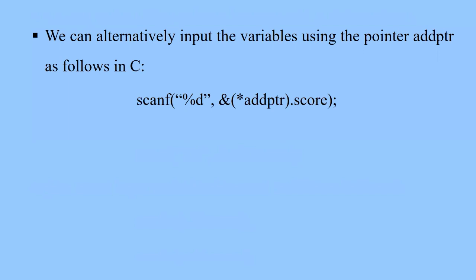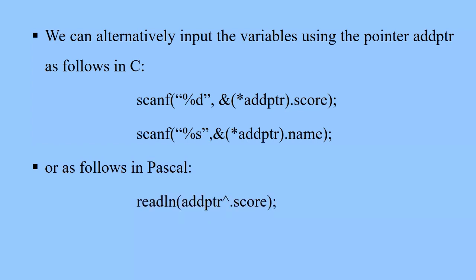In this case, this statement means pick the value that has been entered and store it in the memory location of the member called score that is being pointed to by the pointer called and pointer. This other one means pick the value that has been entered for the name and store it in the memory location in the record being pointed to by the pointer called and pointer.